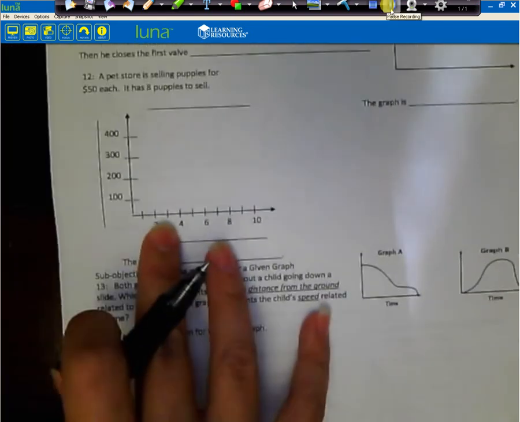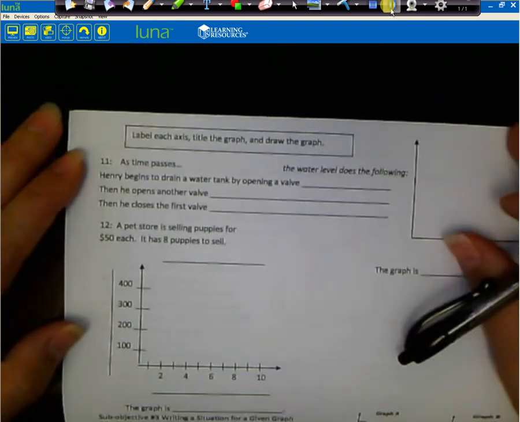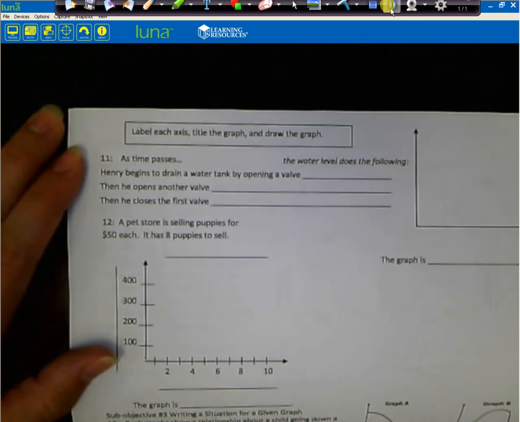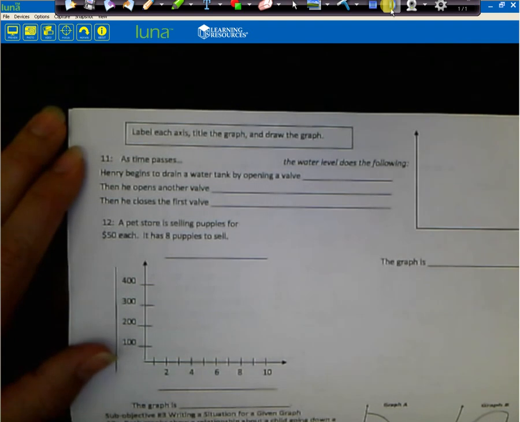Okay, number 11 says we're going to be sketching a graph for the situation and tell whether the graph is continuous or discrete. So we're doing exactly what we've been doing thus far. The situation says, and I'm going to have you fill in the blank as I read this. Henry begins to drain a water tank by opening a valve. Then he opens another valve. Then he closes the first valve.